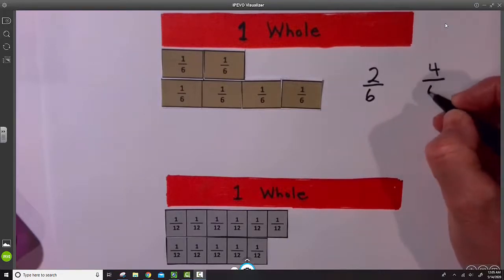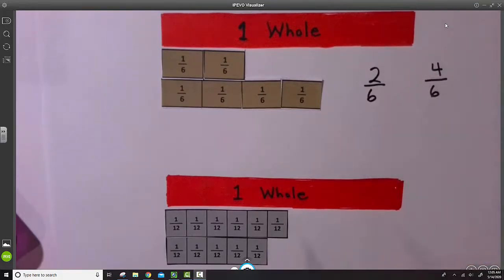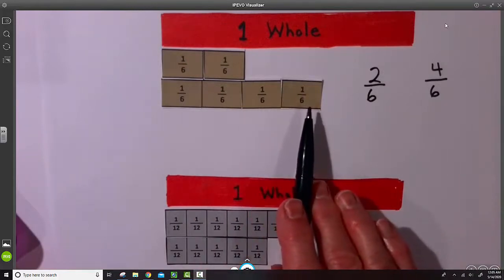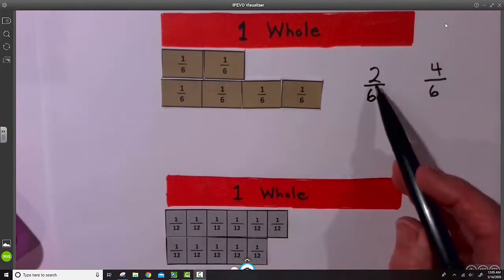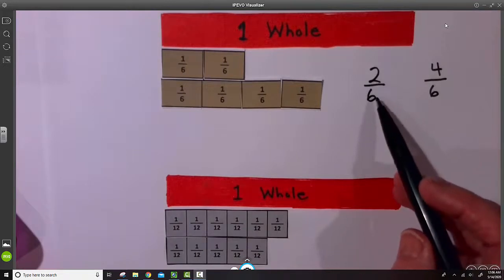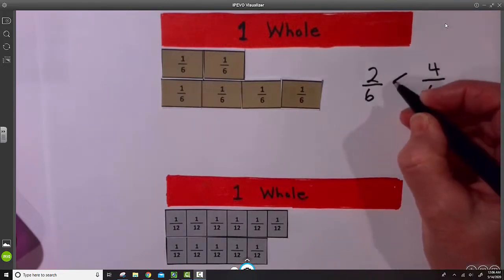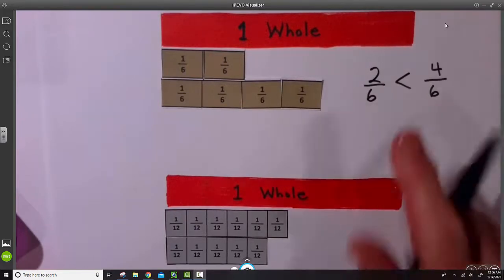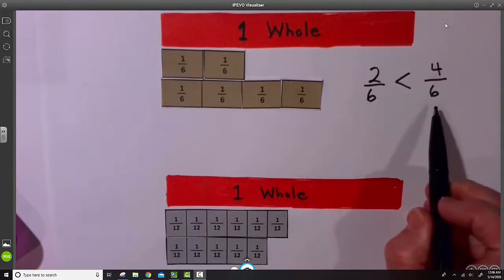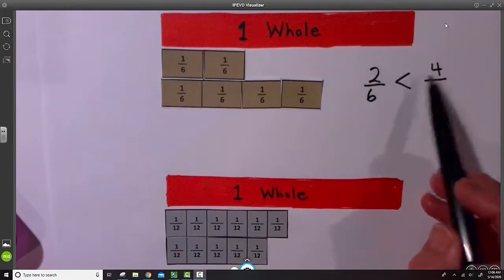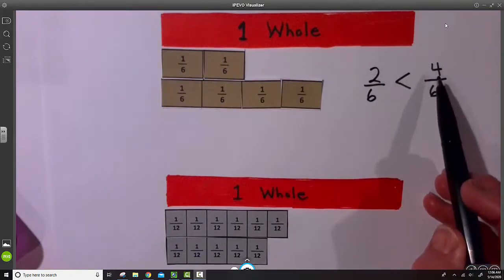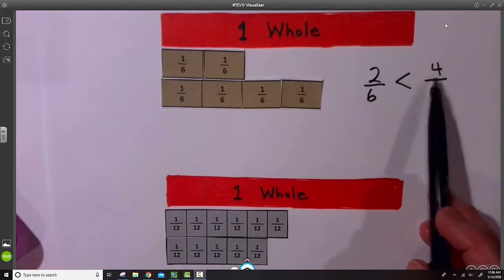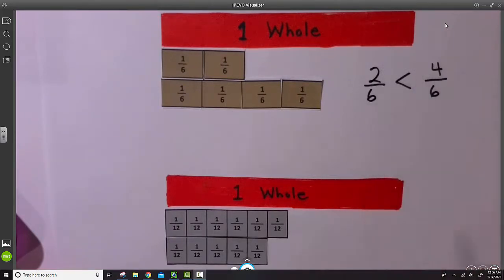Again, it's very clear which of the line segments is longer. So we can easily say that 2/6 is less than 4/6. Again, you'll note that the denominators are the same. We're comparing the numerators, which is very easy.